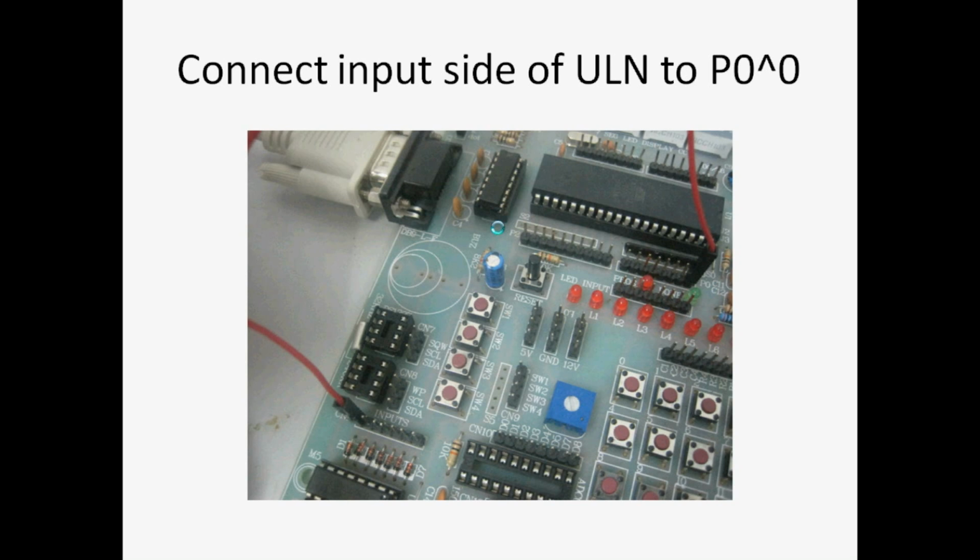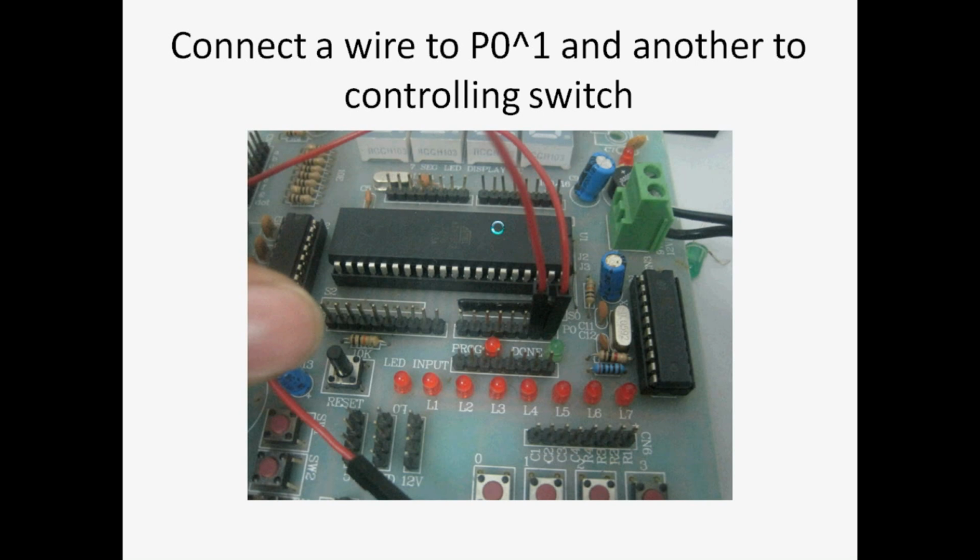Connect the input side of ULN to port 0 first pin. Now here take another jumper and connect port 0 pin 1 to the controlling switch, the switch you want, either this or any desired switch, which will be the controlling switch for your motor.